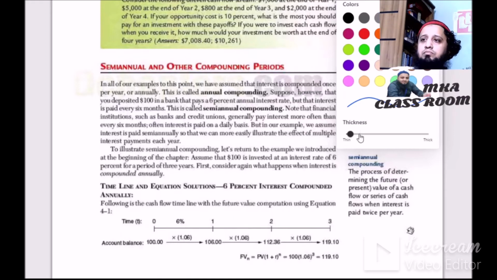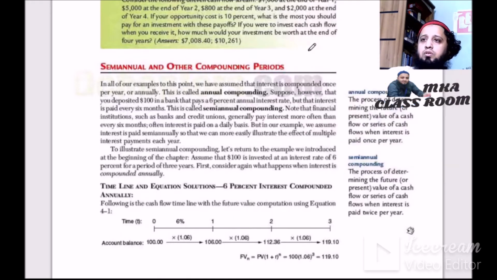Generally, we are compounding for annual or discounting for annual period.